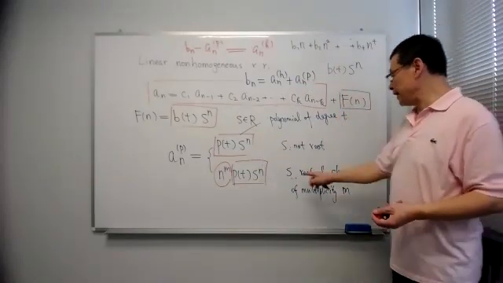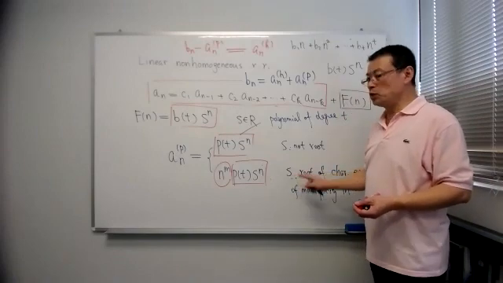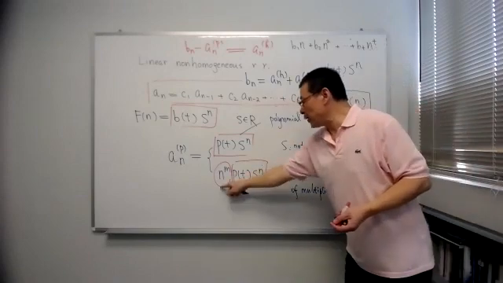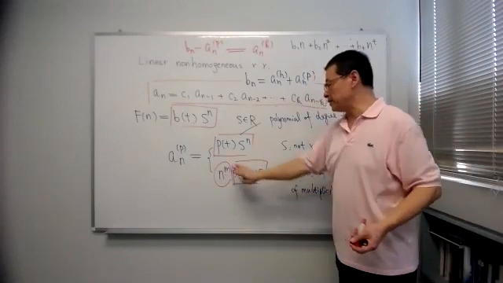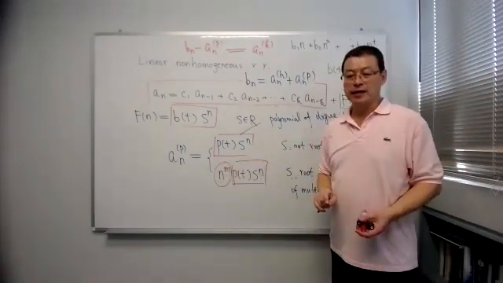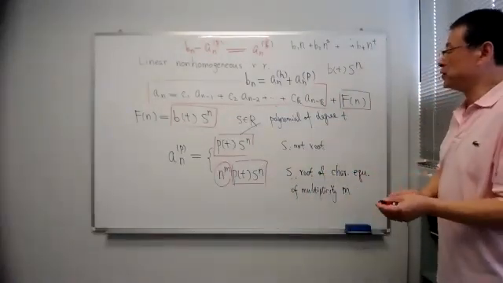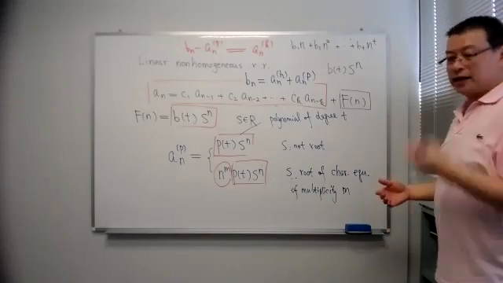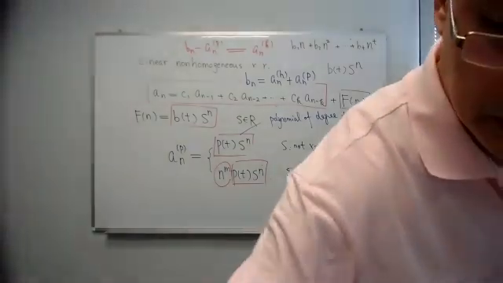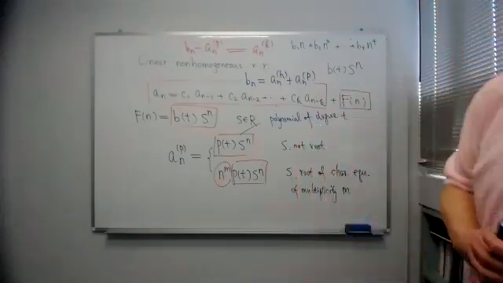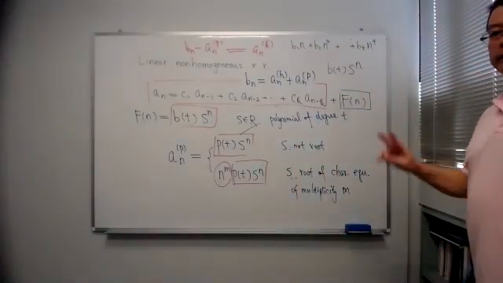One is when this s is a root of the characteristic equation, then we need to multiply it by n to the power m. Otherwise, we don't need this term. So basically, that's it. Now I give you a few examples to make things clear, maybe two or three examples.